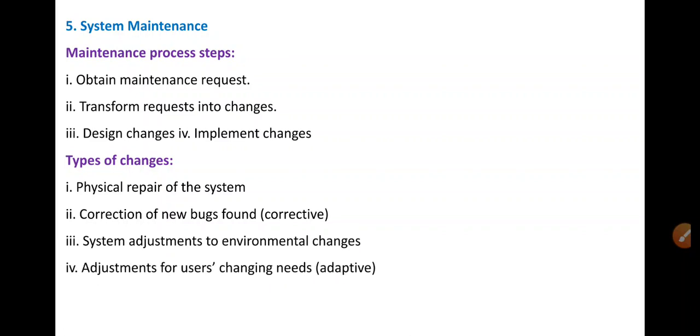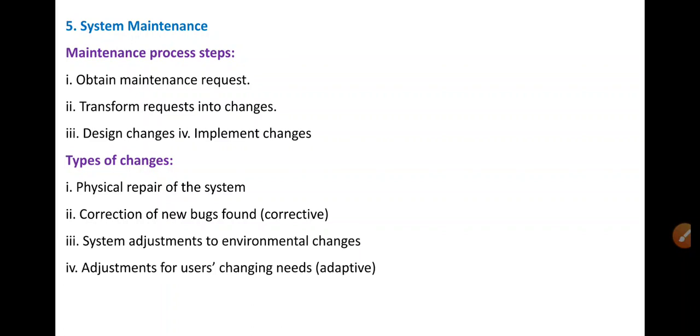Okay, and next, adjustments for users' changing needs. See, the needs of the organization keep on changing, like the wants of individuals, right? As human beings, our needs and desires keep on changing, and like that, company needs also keep on changing. So as per those needs, the information system is to be changed.